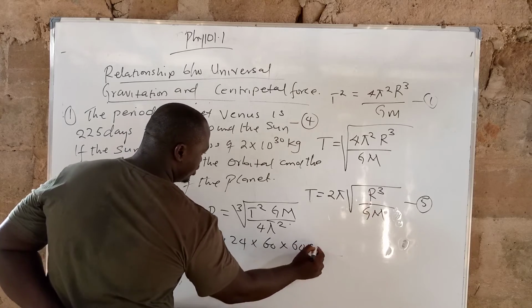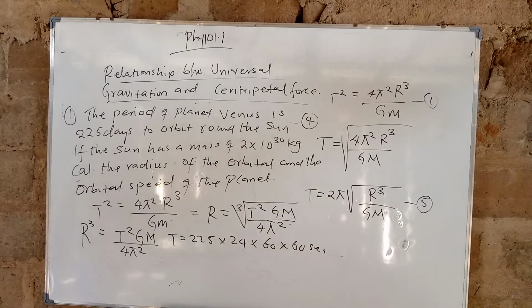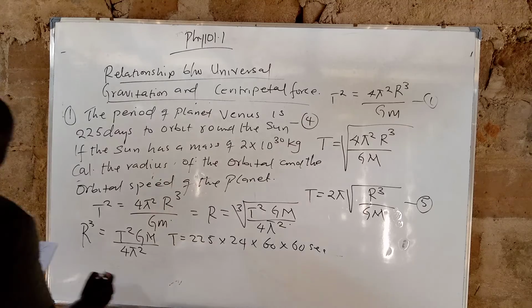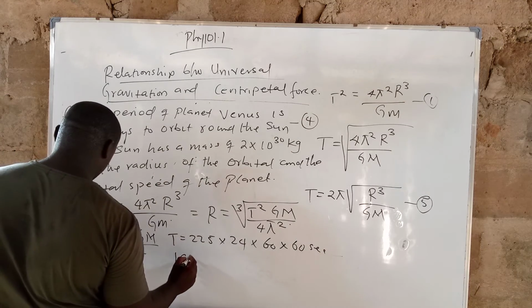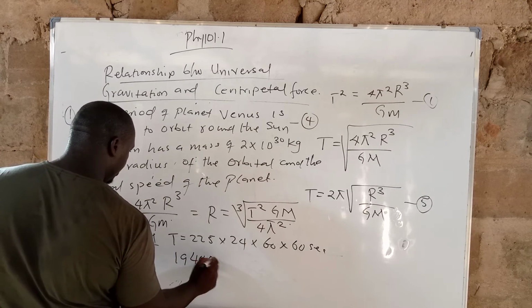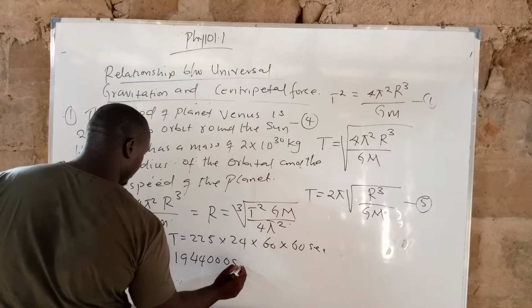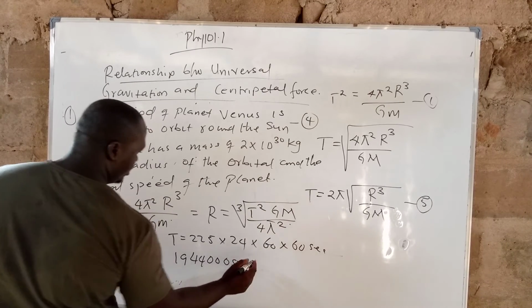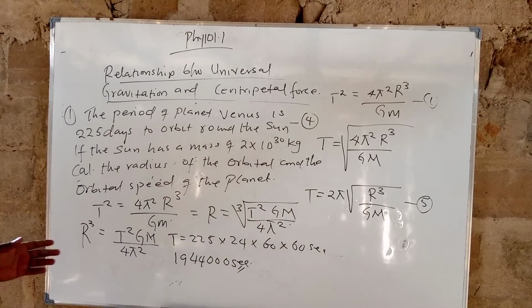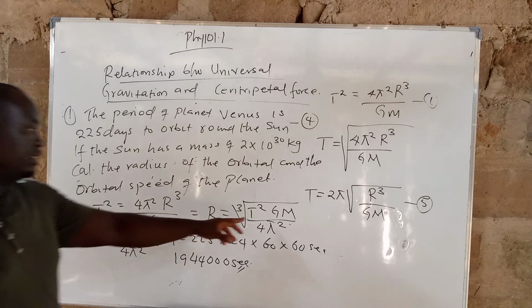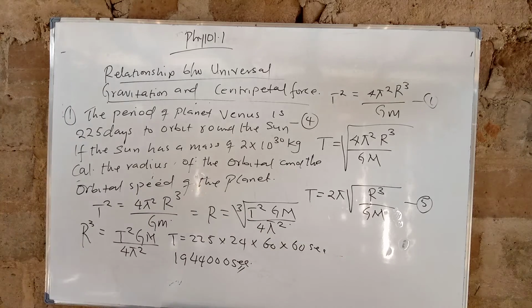So I want to convert this period to seconds, and what you will get is 1944000 seconds. Now we have converted our period to seconds.